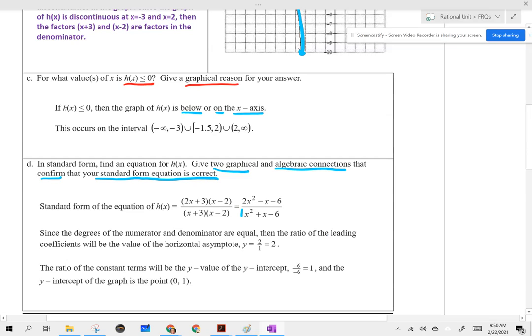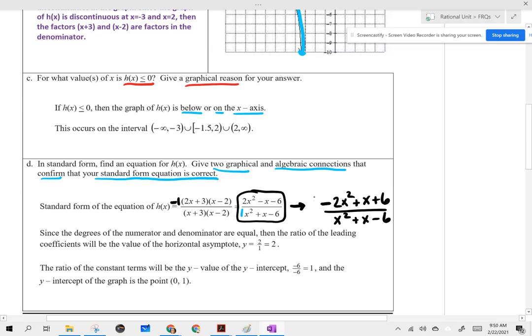So what we can do is adjust as necessary so that we end up with a -1 outside the factored form. If you were to distribute that, you're going to have a -1 multiplied just by the numerator, so -2x squared plus x plus 6 over x squared plus x minus 6.